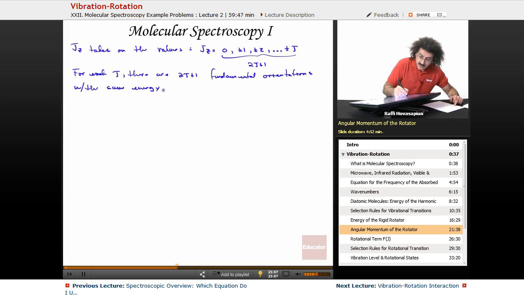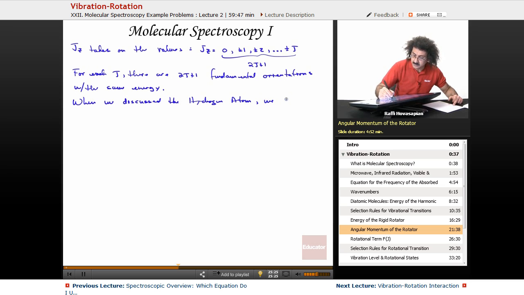Okay. Now, when we discussed the hydrogen atom, we called J, we called it L, the angular momentum quantum number, the rotational quantum number.